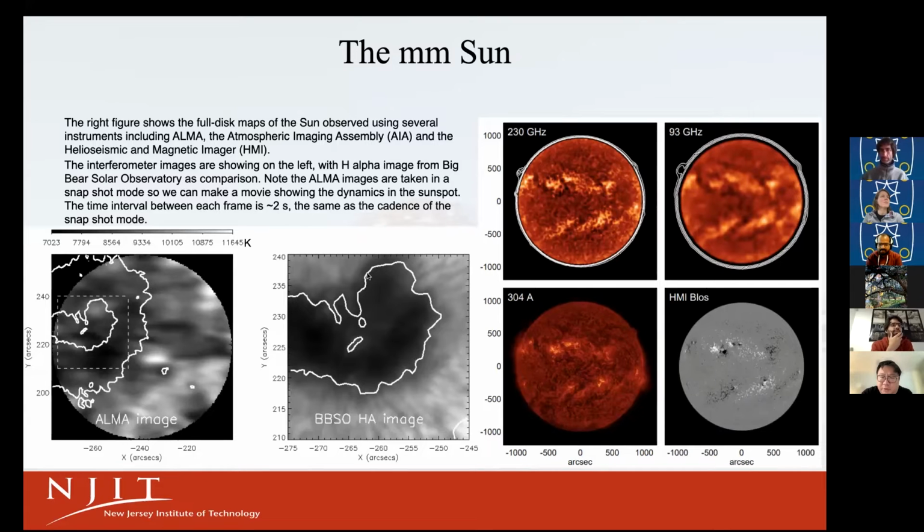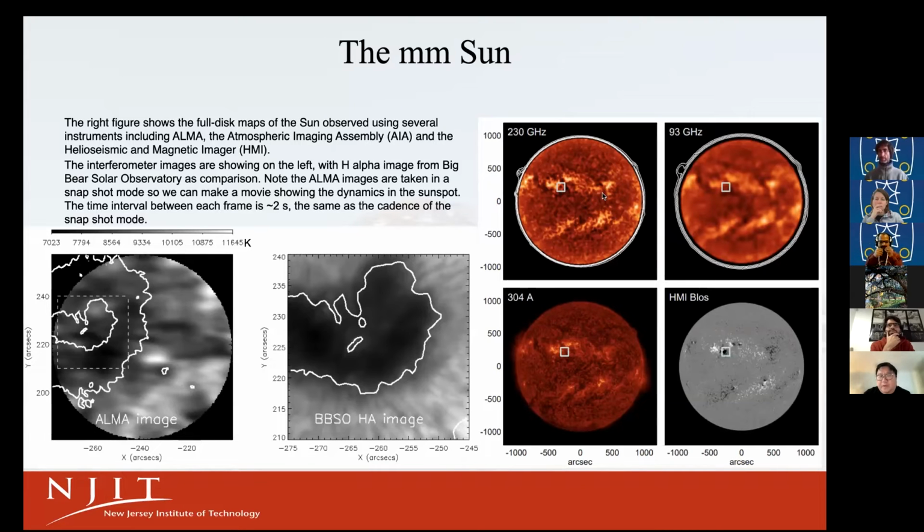Here to the right, this figure shows the full disk map of the Sun observed using several instruments, including ALMA, that's basically the top two panels, as well as AIA, the bottom left, and the HMI image, the bottom right. So keep in mind, these two are full disk images of the Sun, so they're not in a fine resolution.